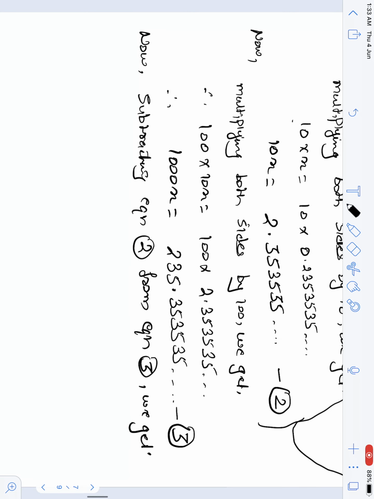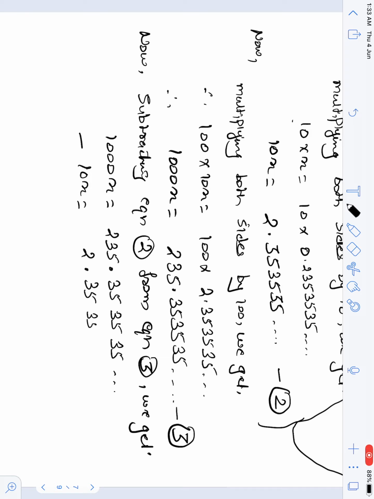We have to write equation number 3 first. 1000x equals 235.353535 and so on, minus equation number 2, which is 10x equals 2.353535 and so on.